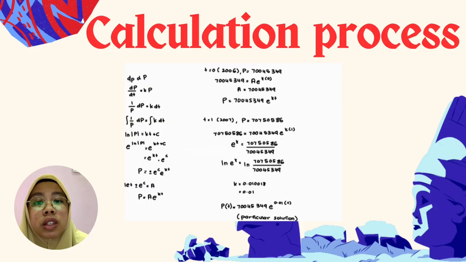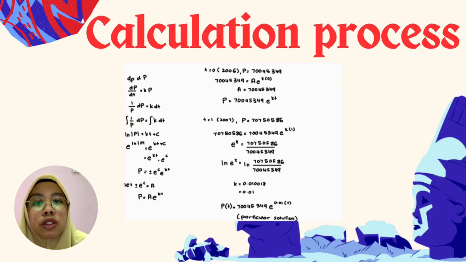To solve this, I use the method of separation of variables. First I rearrange the equation to get 1 over P dP equals k dt. Then I integrate both sides, which gives ln P equals kt plus c. Then I convert it into exponential form, P equals a e to the power of kt, where a is a constant.